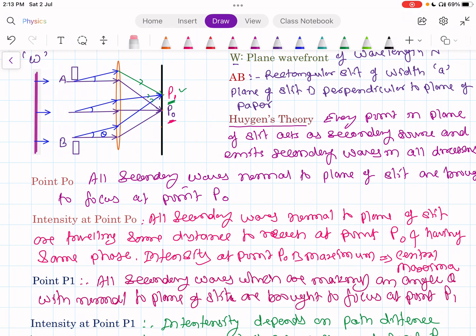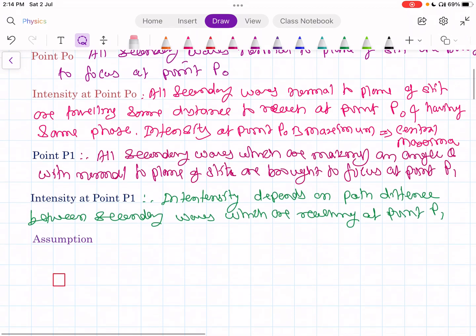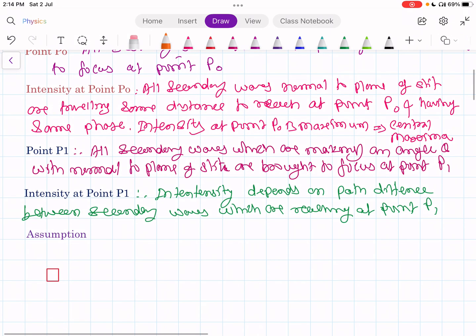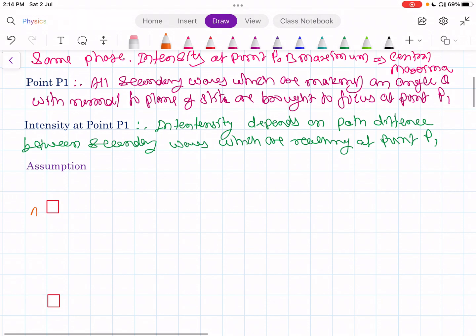So there can be numerous secondary sources in the plane of the slit. But for convenience, let us say this is our slit AB, and for convenience, we are going to assume that there are only 10 point sources.